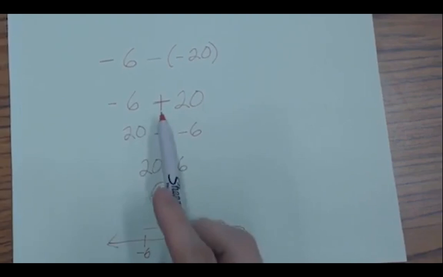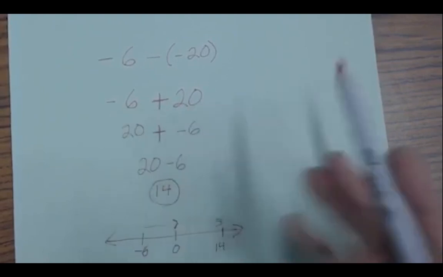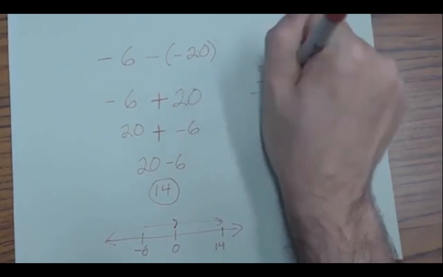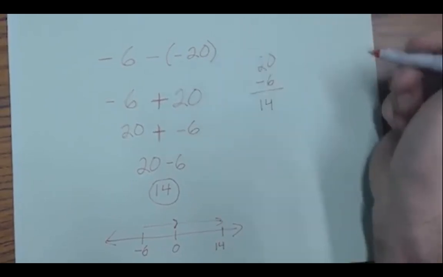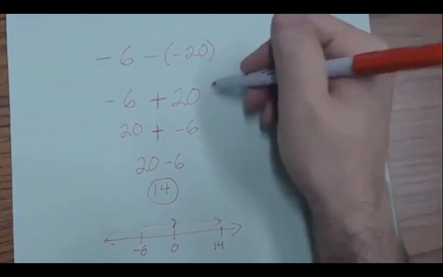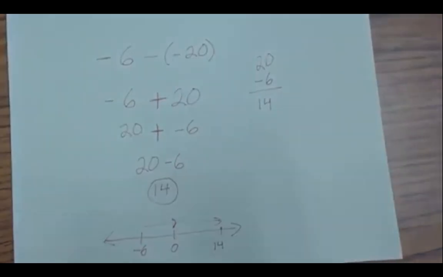Or, of course, the addition rule. We are adding two numbers with different signs. So subtract the two numbers. 20 minus 6 gives us 14. The larger number is 20. 20 was originally positive, so our answer is positive 14.